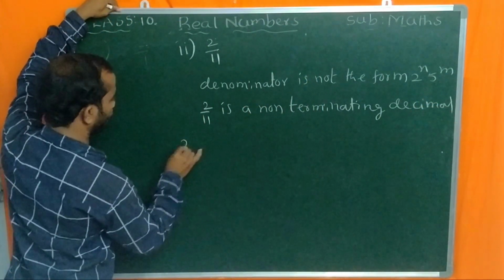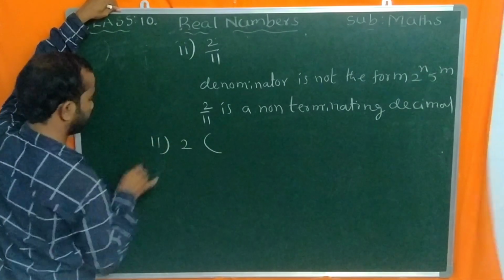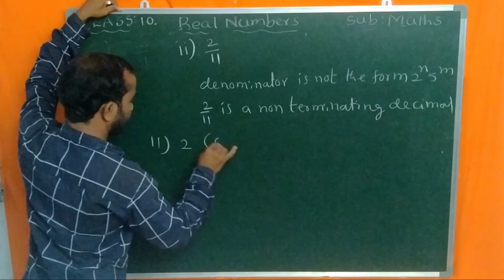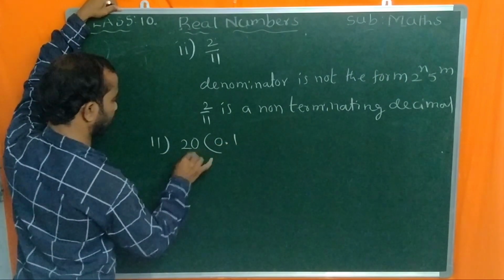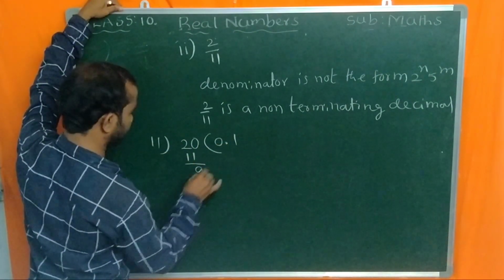So 2 is divided by 11. Here we put 0. 11 ones are 11, remainder 9.